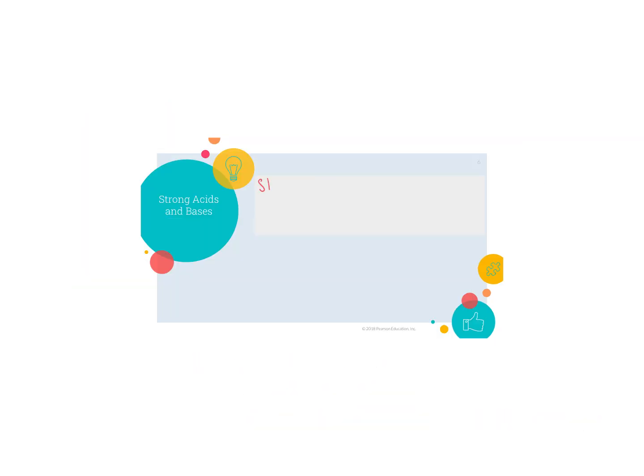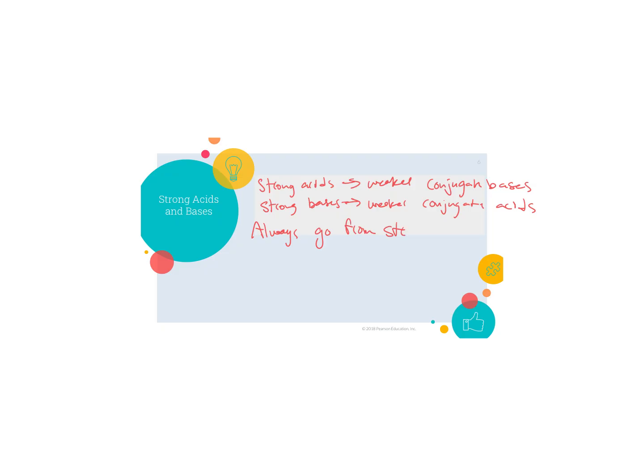Another helpful thing to keep in mind is that strong acids give weaker conjugate bases, and stronger bases give weaker conjugate acids. In general, we always go from strong to weak.